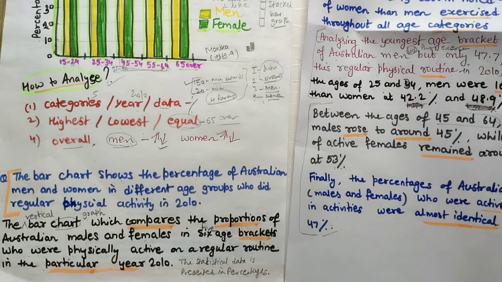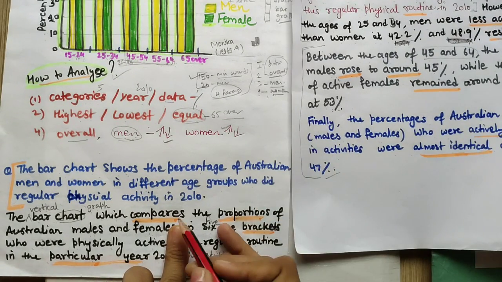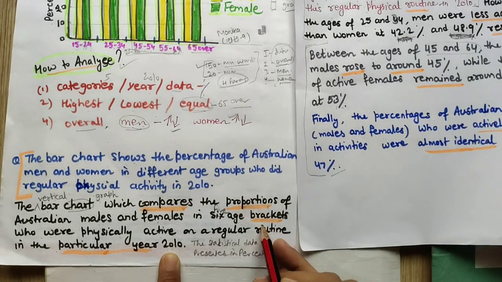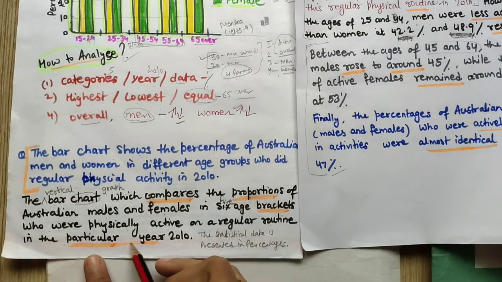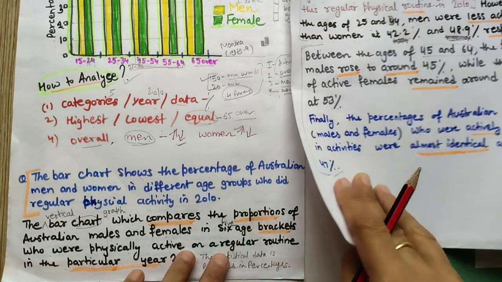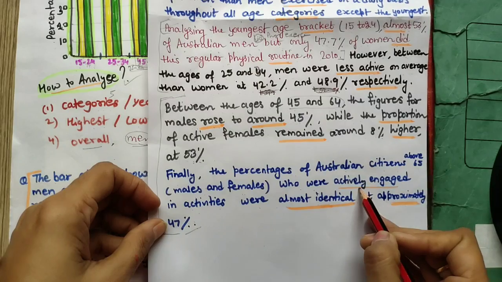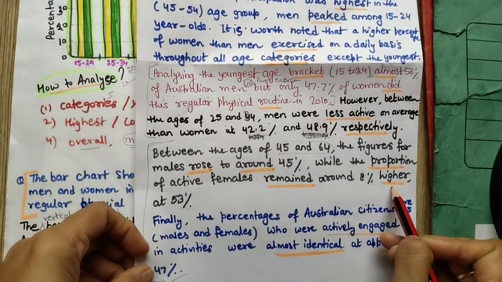See these are vocabulary words. Like compares instead of show, the proportion of percentage, brackets instead of groups, and particular year also is vocabulary. And here: almost identical, approximately, actively engaged, remained, around, rose, proportion, higher.